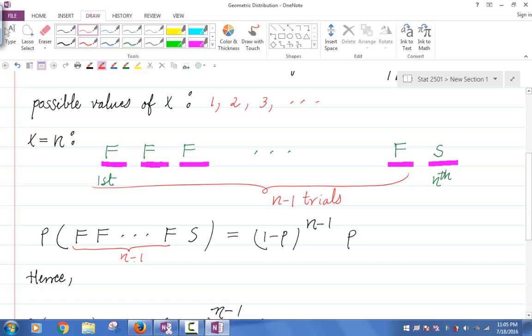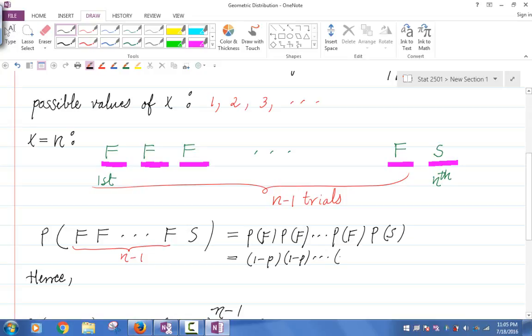Then that probability, because we are assuming that the trials are independent, is the same as the probability of F multiplied by the probability of F, and so on, times the probability of S. We know that the probability of F is 1 minus p, and the probability of S is p.